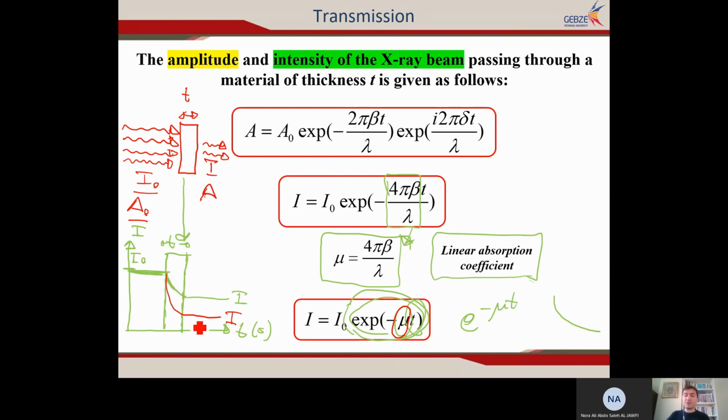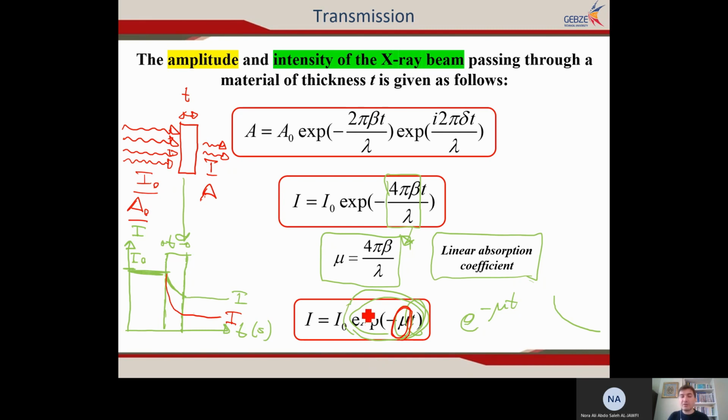So, for example, you would like to use shielding materials in X-ray diffraction machines or also in the röntgen rooms in hospitals. What kind of material do you have to use as a wall or shielding material? Then you have to choose the material with the highest mu.